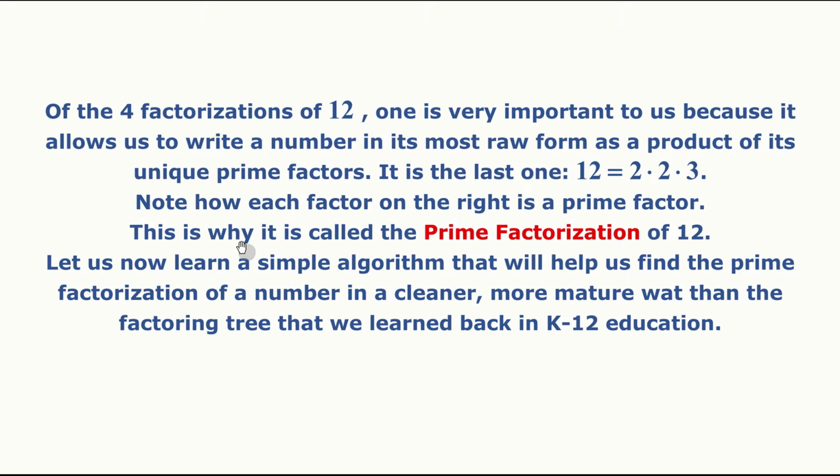Now let's learn a simple algorithm that will help us find the prime factorization of a number in a cleaner, more mature way than the factoring tree that we used to use back in K through 12. The factoring tree, of course, works fine, except if you want a much more efficient method, we can do what follows.